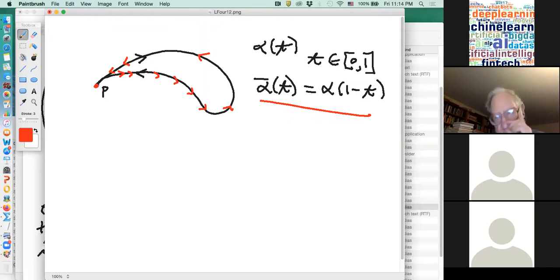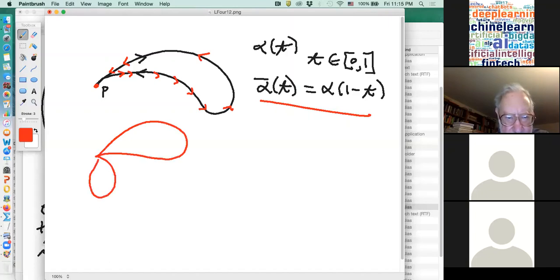Now the claim is that if you do alpha and then you do alpha bar, it's the same as if you did nothing, up to homotopy. And the reason is the following. I have to tell you about what it's like to multiply two loops first, just the geometry of that. So here's alpha times beta.